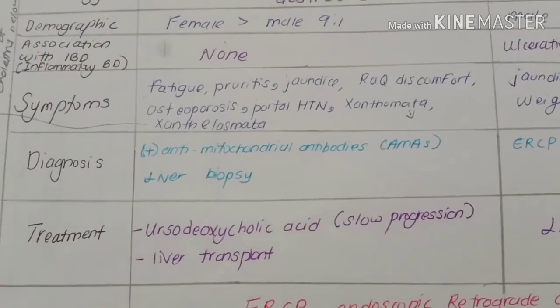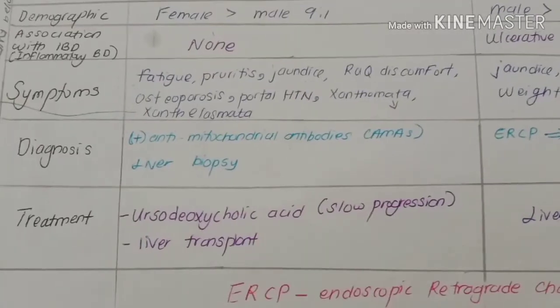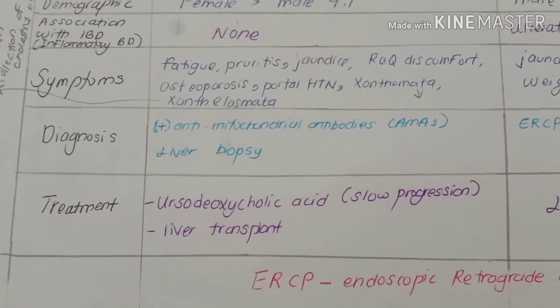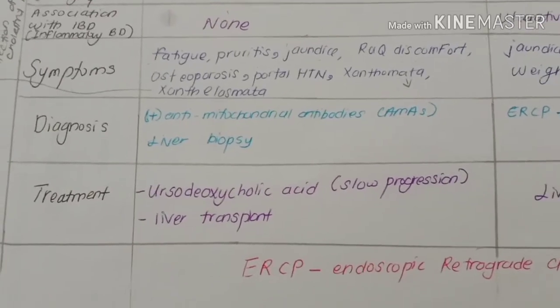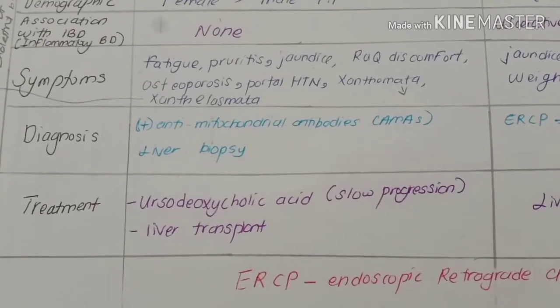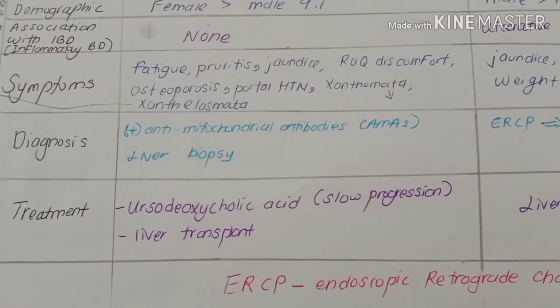For the diagnosis of primary biliary cirrhosis, we will do a blood test, where we check for anti-mitochondrial antibodies, which is called AMA. This substance almost never occurs in people without the disease, even if they have other liver disorders.